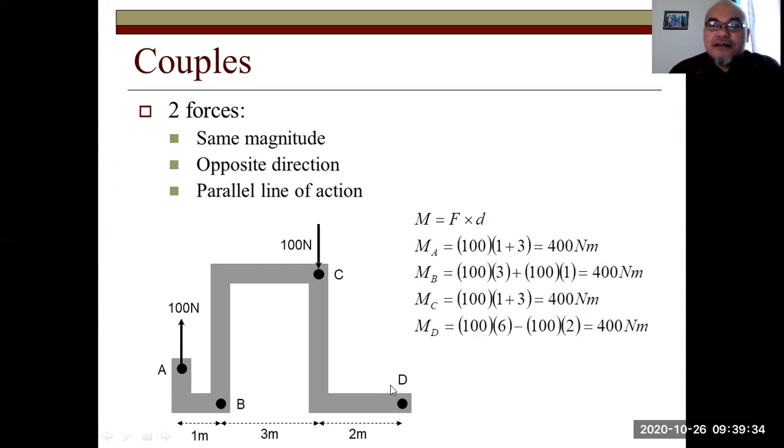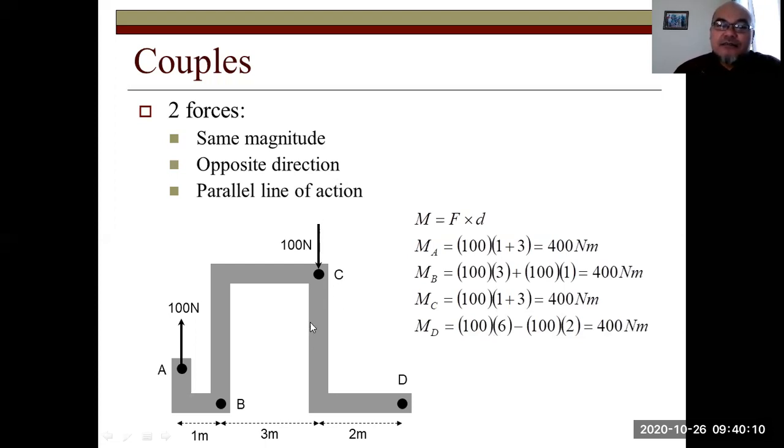Then let's calculate the moment about point D. Here, both forces have a moment contribution about point D. The moment due to the force at point A is 100 multiplied by the distance; it will turn the structure clockwise, right? Because it is upward, it will rotate the structure clockwise, multiplied by the distance 1 plus 3 plus 2 equals 6 meter, 100 times 6. Then the moment due to the force at point C is counterclockwise.